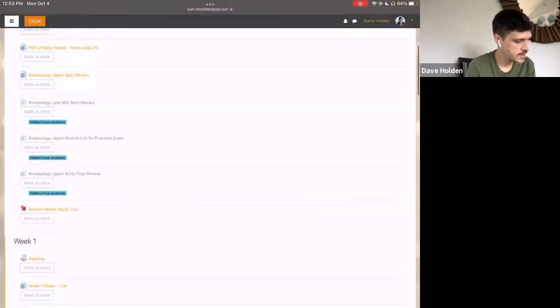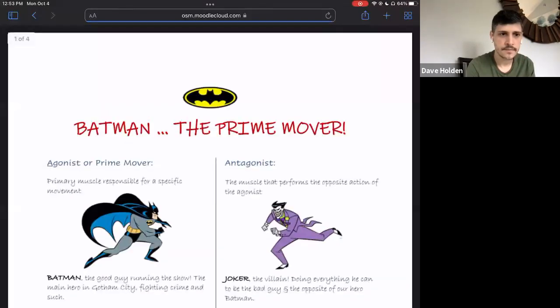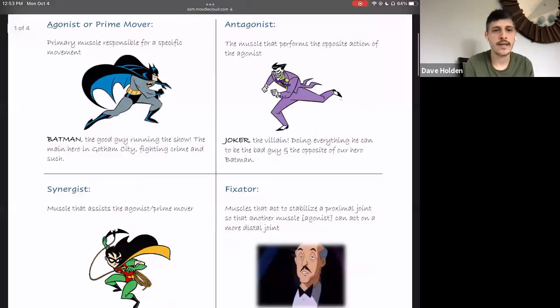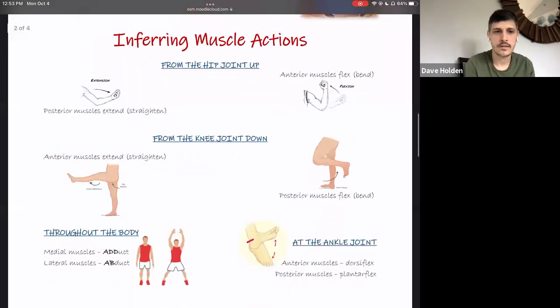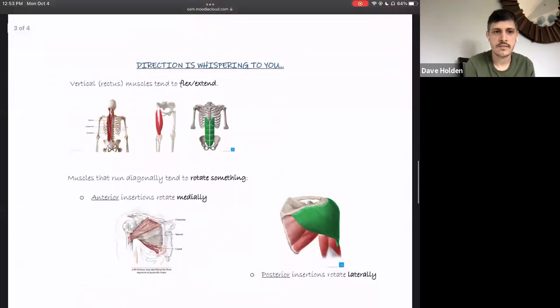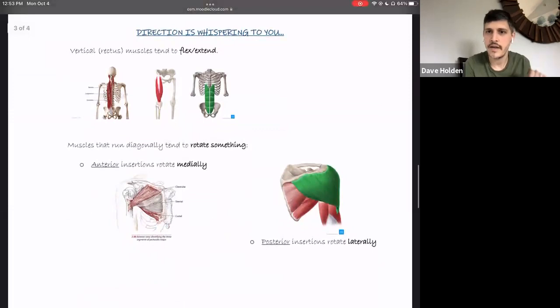Now when you go in, it says study packet muscle tips. It's my newer one. This is my updated one. I just made it look fancier. That's all. My old one looked like it was from the 90s. But all my little tips, all your little cute pictures and stuff, all those are on there. I didn't realize I had my old one still on there.